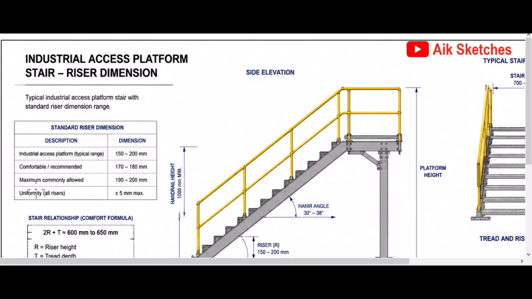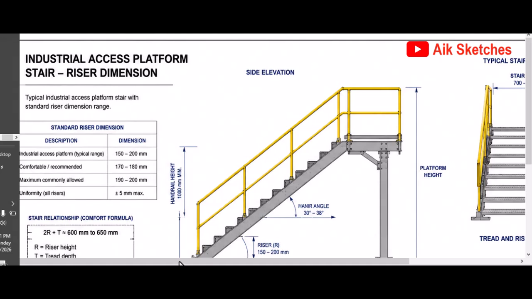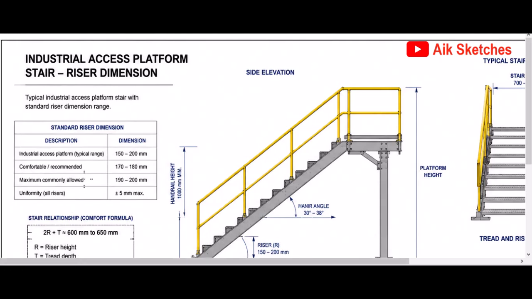So there's a standard riser dimension, and this standard riser dimension is a function of where it is being applied, the description of where the riser is being applied. We have, for description, industrial access platform, typical range.